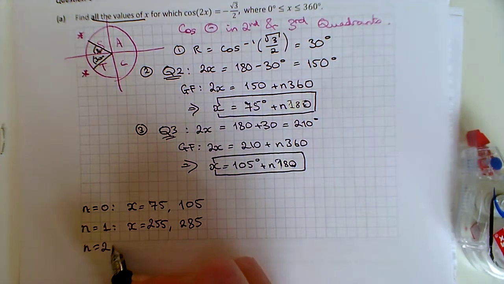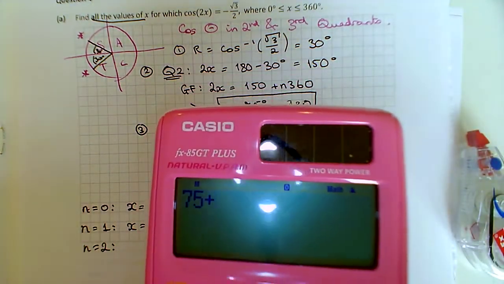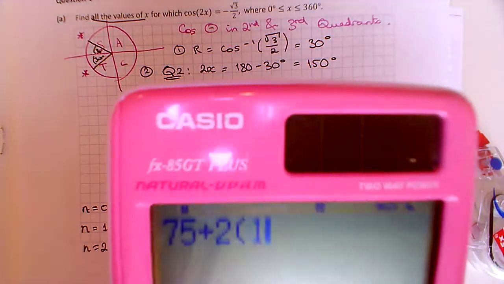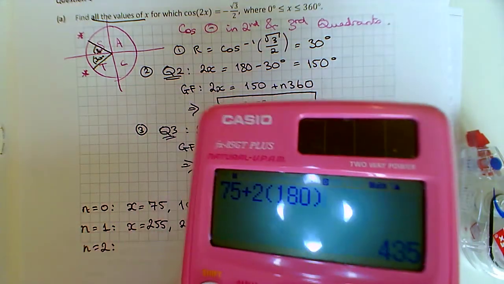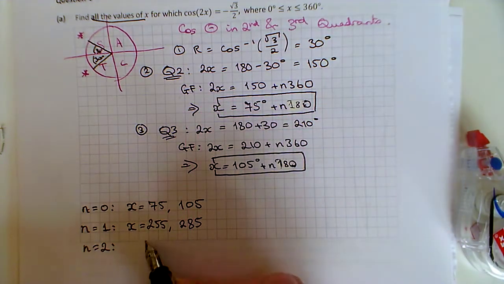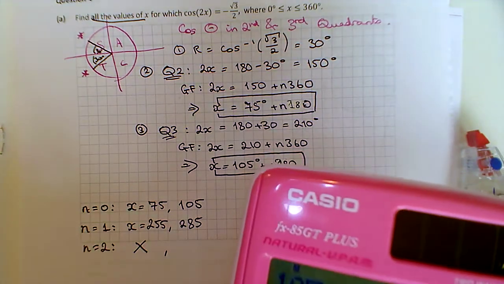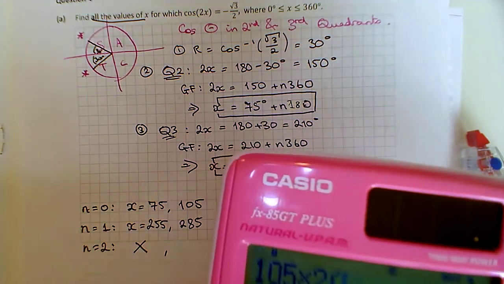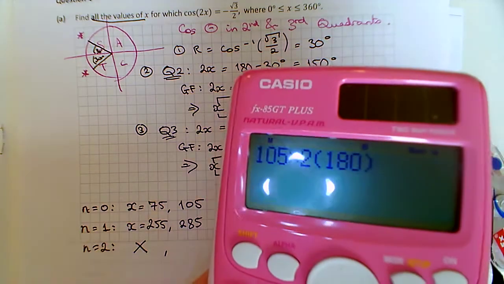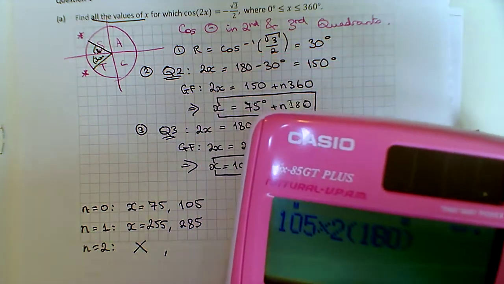And the last value, n equals 2. So 75 plus 2 times 180, which is 435. Okay, that's too big, out of range. And if I tried to do the same thing for the other one, 105 plus 2 times 180, I multiplied that instead of adding it.